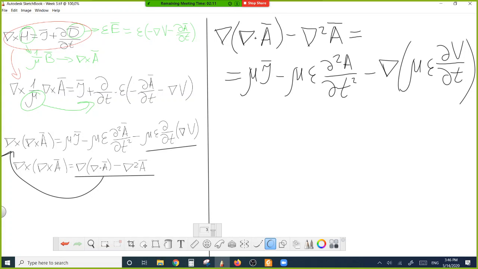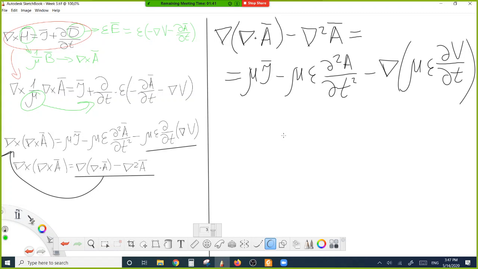Now how can we proceed further? We can just imagine that corresponding terms of the left hand side and the right hand side are equal.